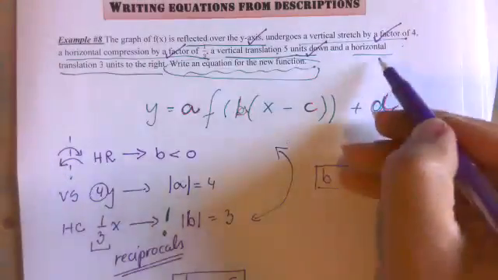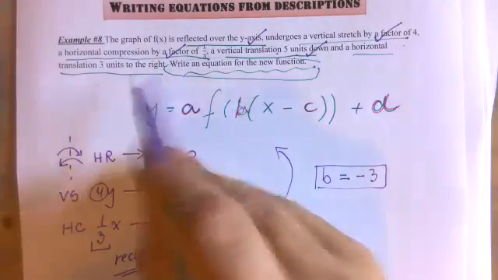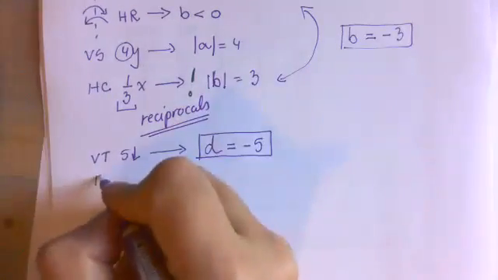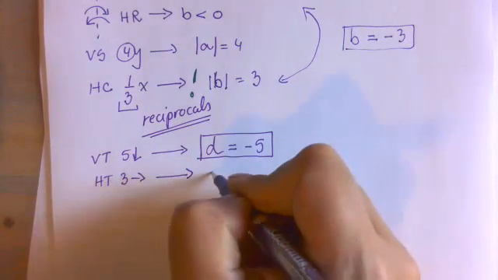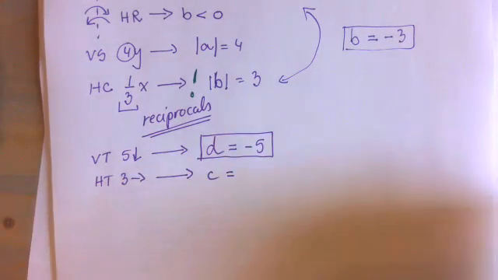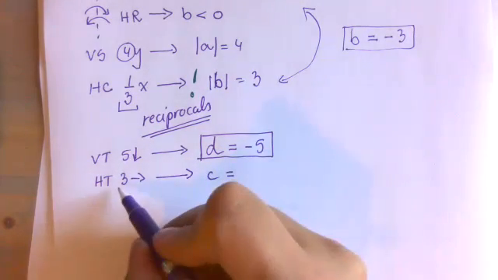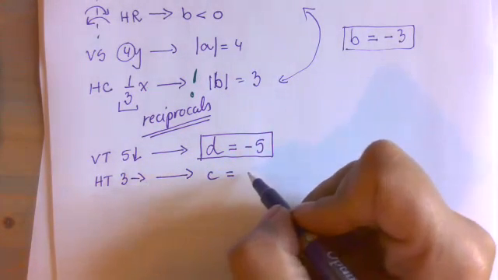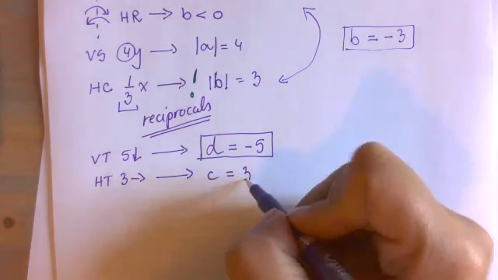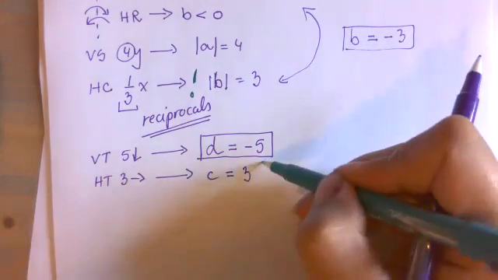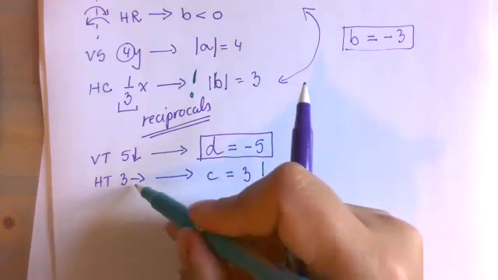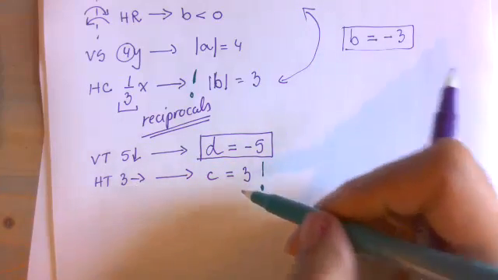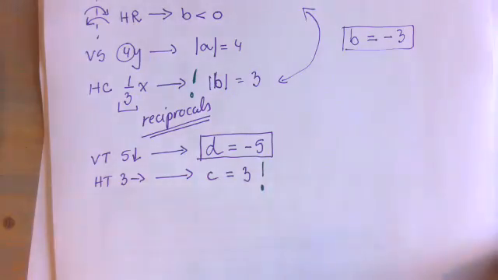The last one, horizontal translation, 3 units to the right. That's the C parameter. To the right means C is +3, but you have to pay attention when you're plugging it in, because yes, it is +3, just like you see it here, but when we put it into the equation, it has to be with an opposite sign.